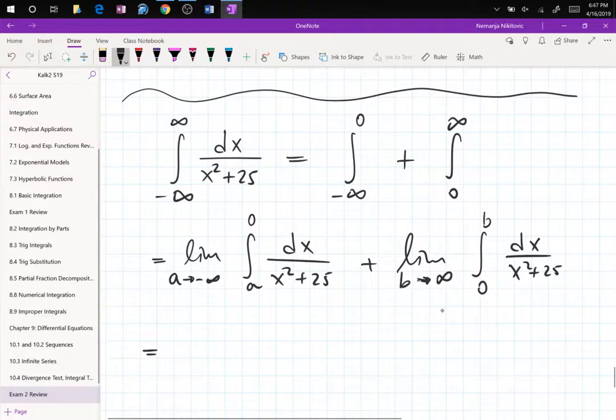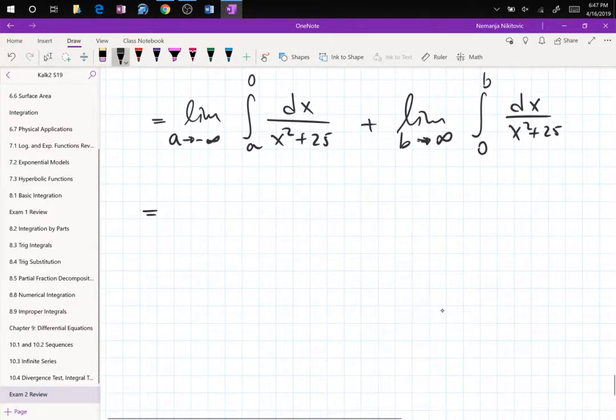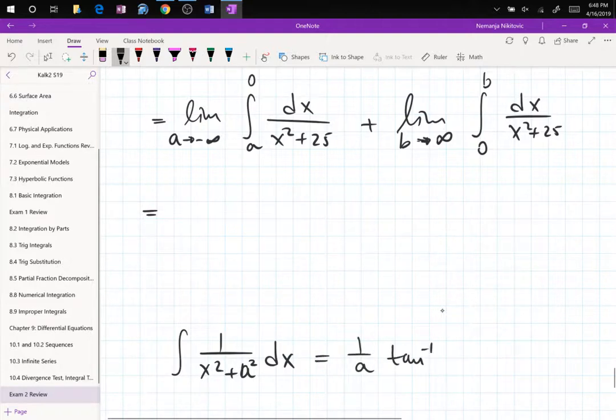So first of all, what is the integral of 1 over x squared plus 1 dx? Inverse tangent, right? Now, what is the integral when you have a squared? This is the one that is listed in your table of integrals. So it is 1 over a tangent inverse of x over a plus c.